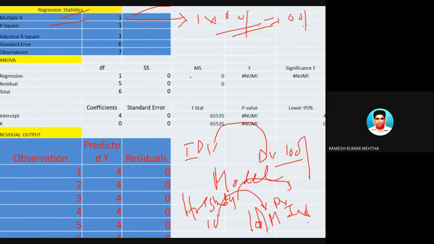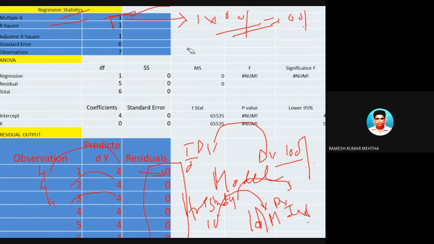In this case, it is 100% predicted because the actual values are 4 in all the cases, and the predicted values are also 4. So there is no difference between the actual values and the predicted values, and the residual was 0. Means there was no error in the prediction. That's the reason it is 100 percentage.